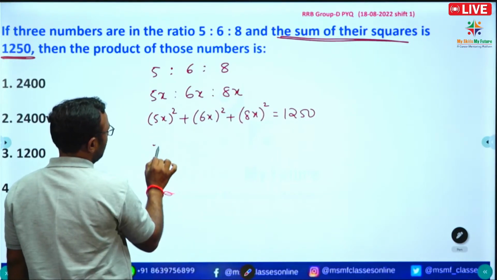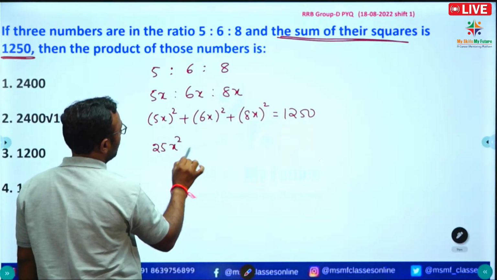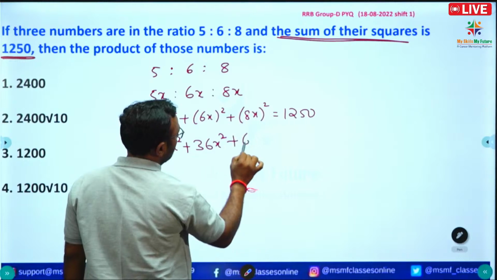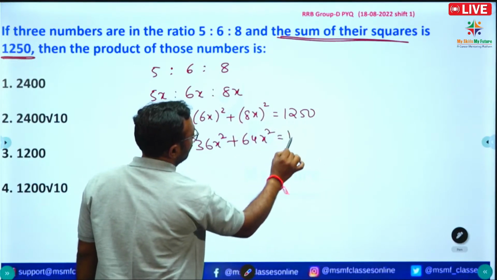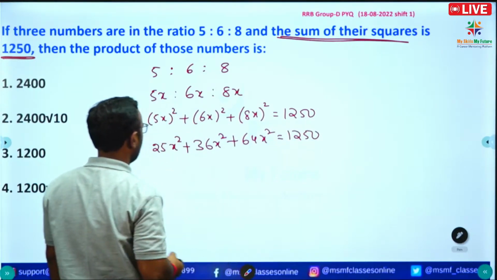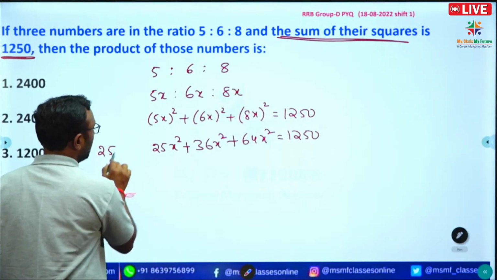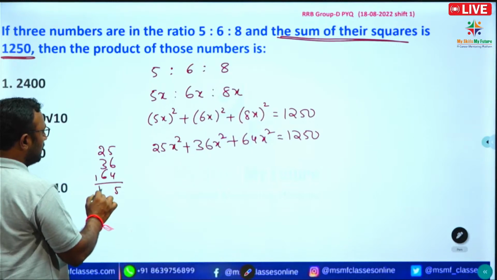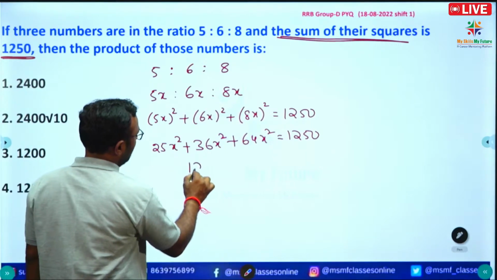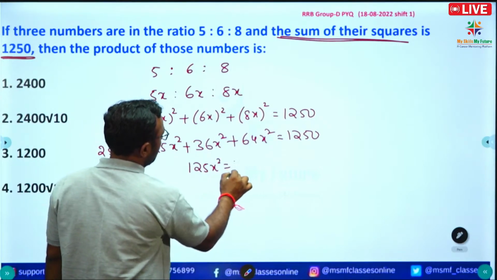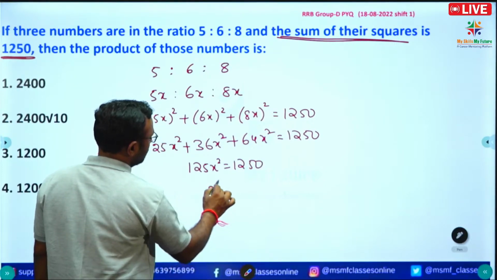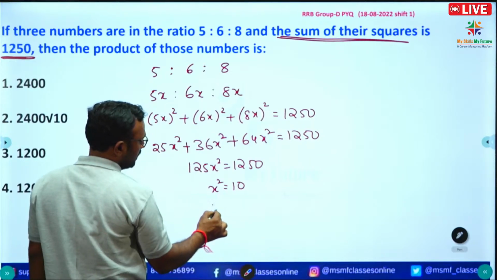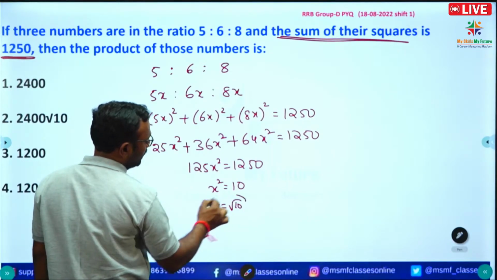So 5 square 25 x square plus 6 square 36 x square plus 8 square 64 x square is equal to 1250. So 25 plus 36 plus 64, we get 125. So 125 x square is equal to 1250, x square is equal to 1250 by 125, we get 10. So x is equal to root 10.